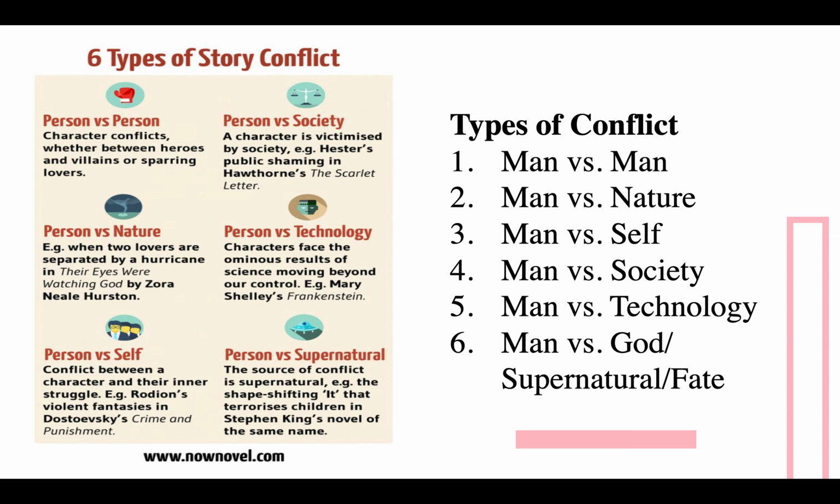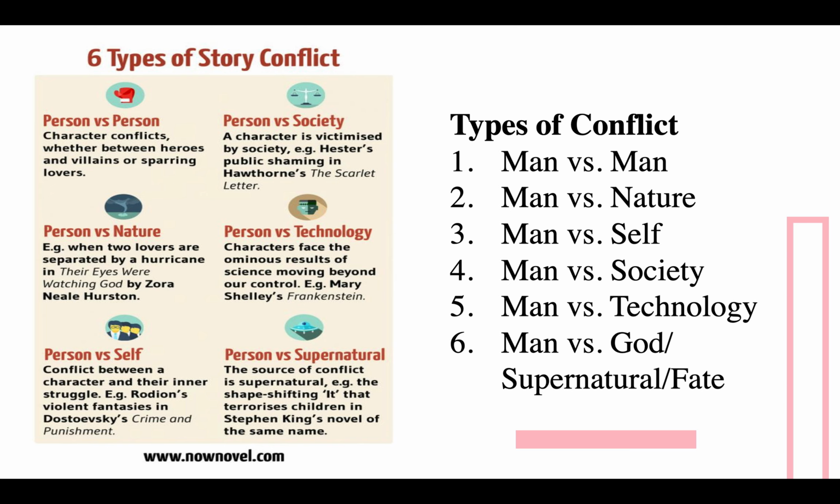Then, man versus society, this type of conflict arises when a character is forced to make choices due to certain social norms. Man versus technology, when the character struggles against man-made machines, which possess artificial intelligence.